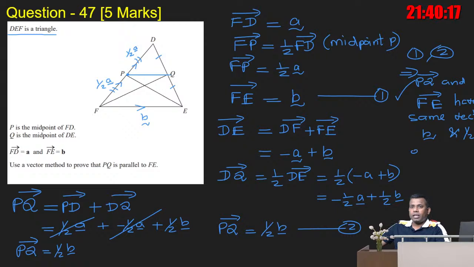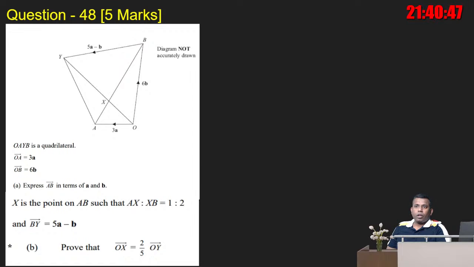So therefore, you can conclude that PQ parallel to FE. My handwriting is not that great. So PQ parallel to FE. That is the answer for the question number 47. I hope you like that one. So now we are moving to the question number 48.